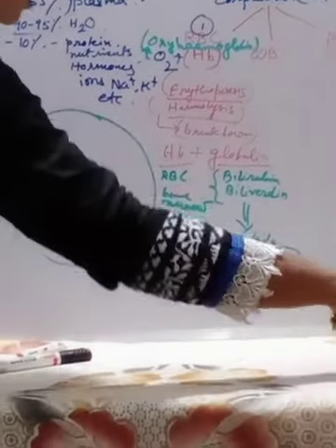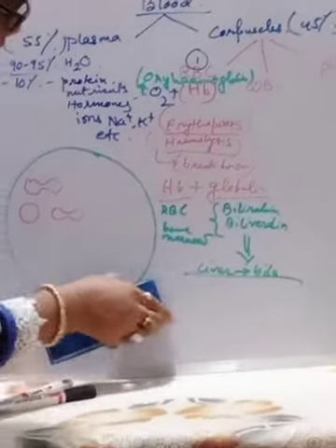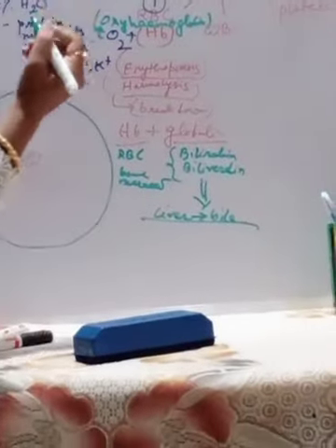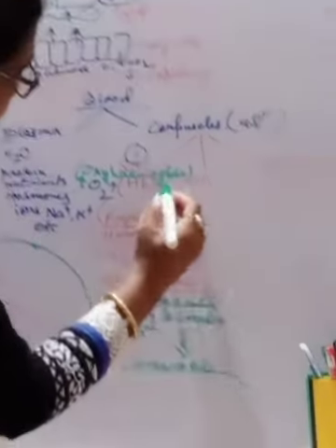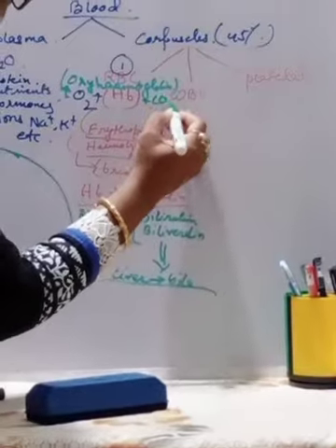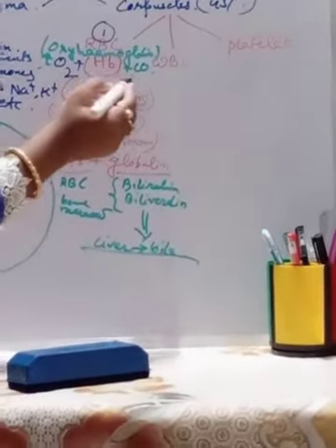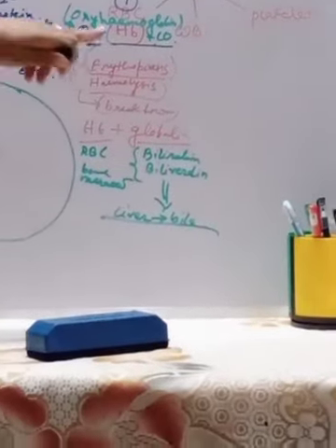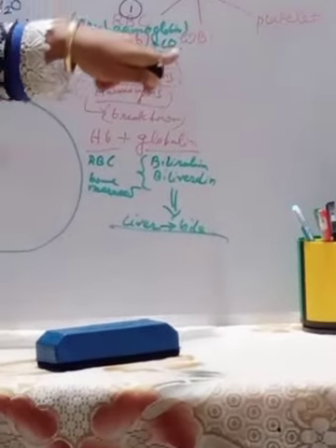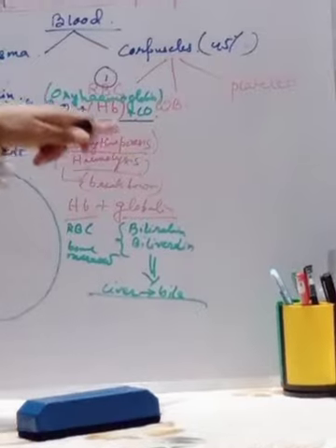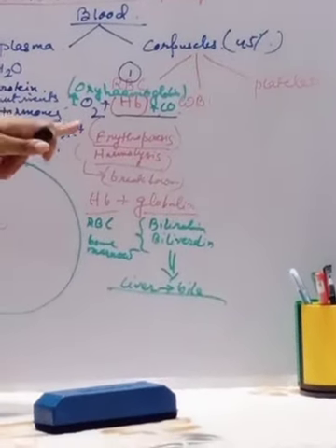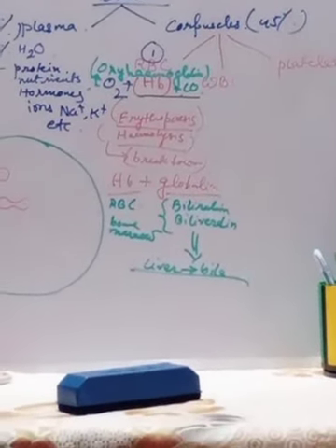I am writing it above here so that you can understand better. If they combine with carbon monoxide instead of oxygen, they will form carboxyhemoglobin, and that is a very stable compound, and that is fatal for us also.